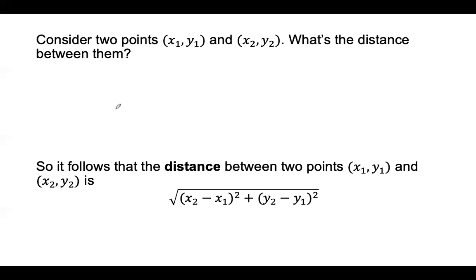So let's consider 2 points, and we can draw a sketch here. Let's say we have X and Y. What is the distance between these 2 points, let's say, with this point being X1, Y1, and this is X2, Y2.